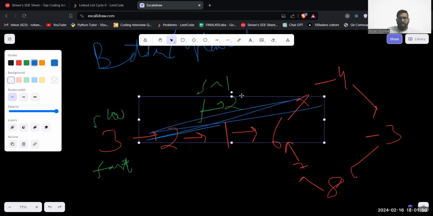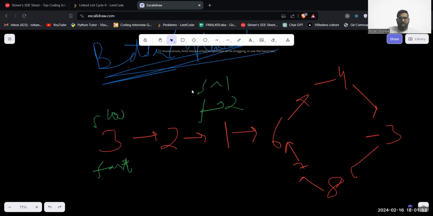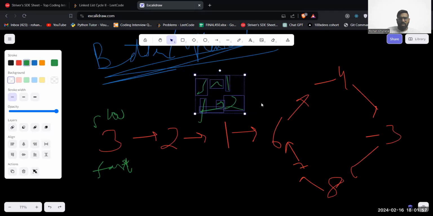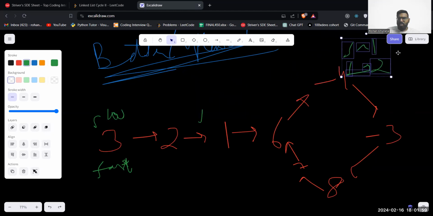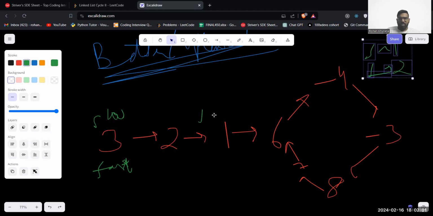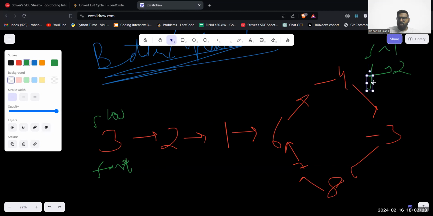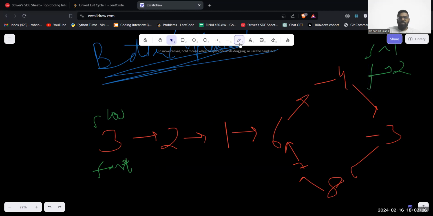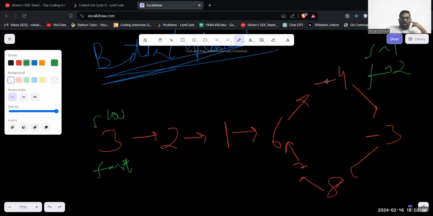Okay, let me save it somewhere here. This also goes here, right? Cool. Now slow and fast are here. Now slow moves by 1. Fast moves by 2.